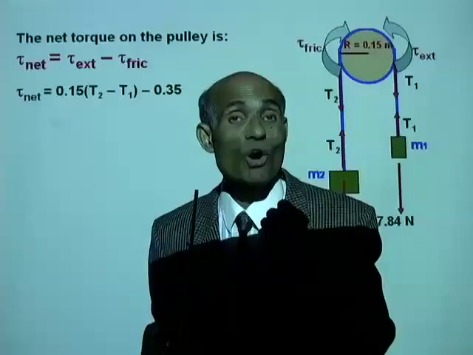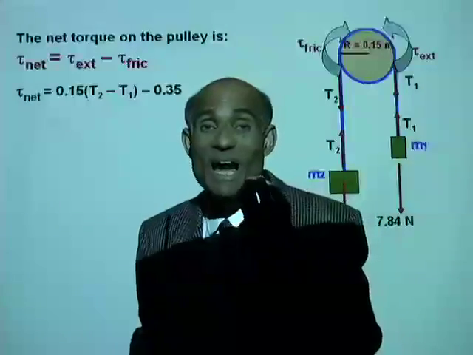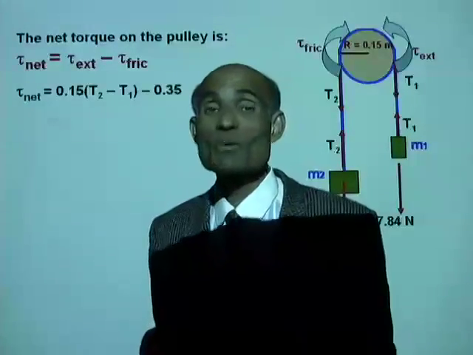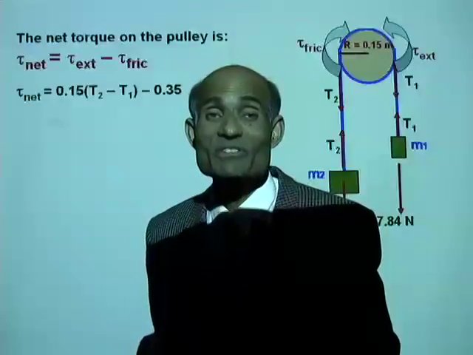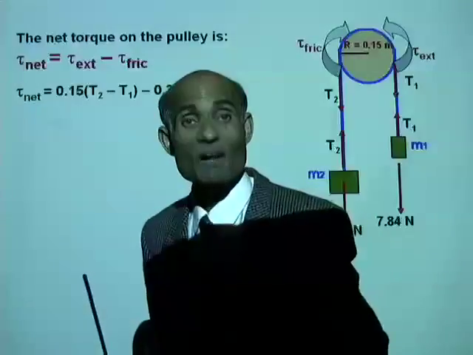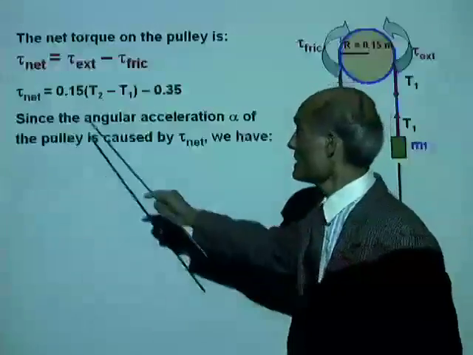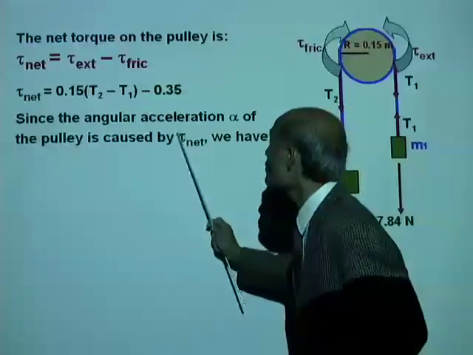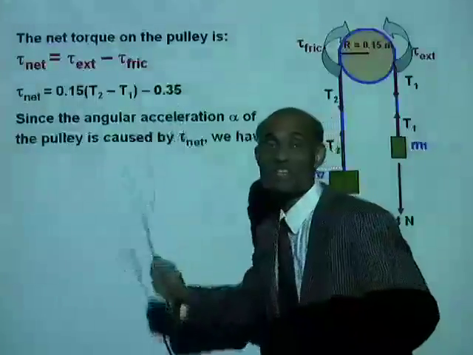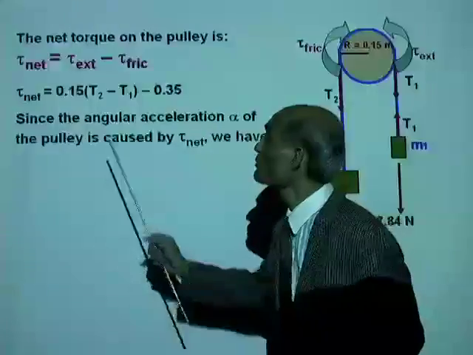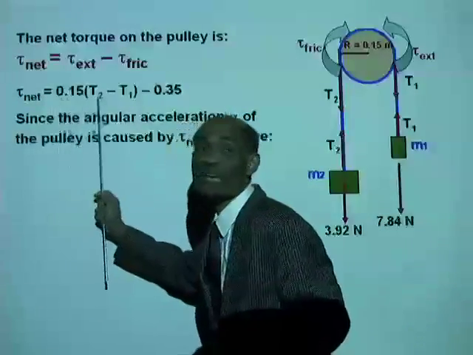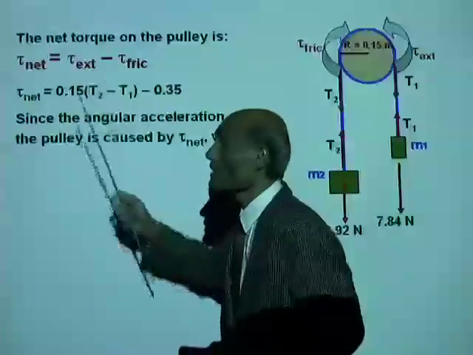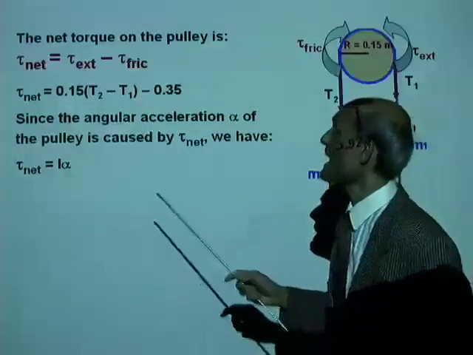The net torque will produce an angular acceleration on the pulley, given by the equation tau net equal to I alpha. Since the angular acceleration alpha of the pulley is caused by this net torque, this net torque will be equal to I alpha.